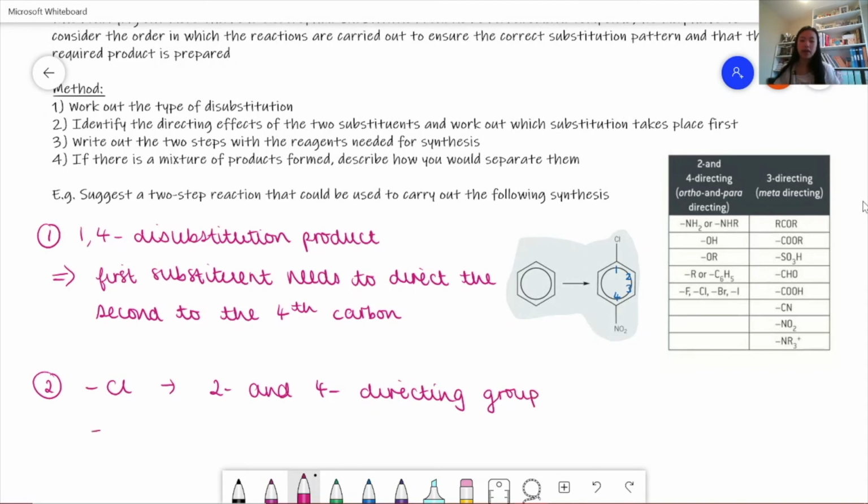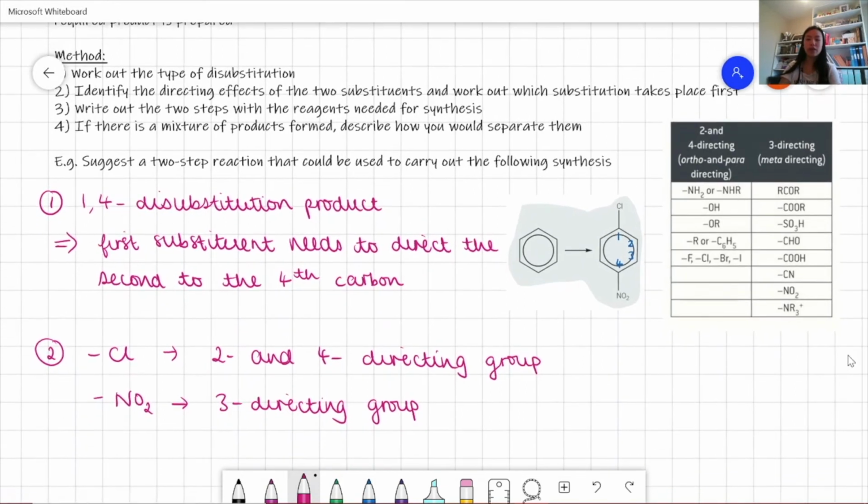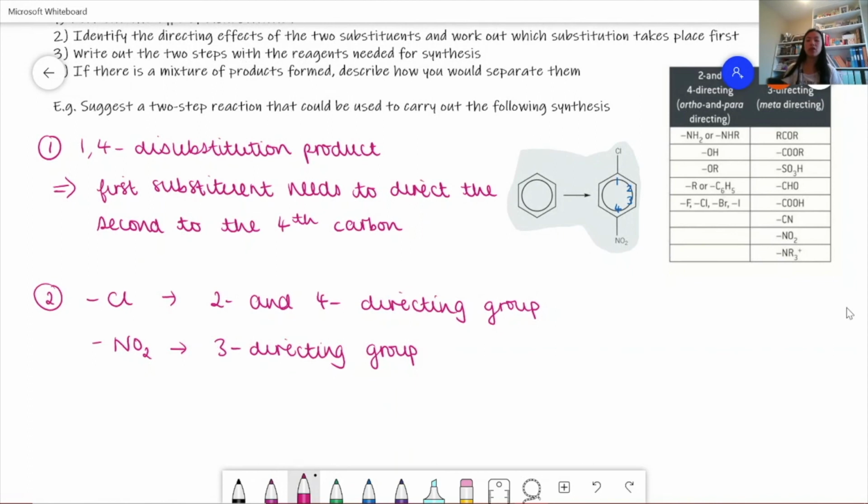And then we have that this nitro group is a 3 directing group. And so now we know that our chlorine must be substituted first because we need the second substituent to be directed to the 4th carbon. And so this chlorine needs to be substituted first.